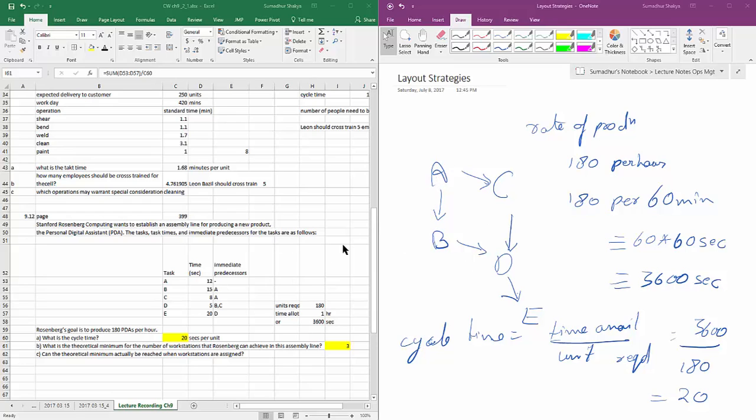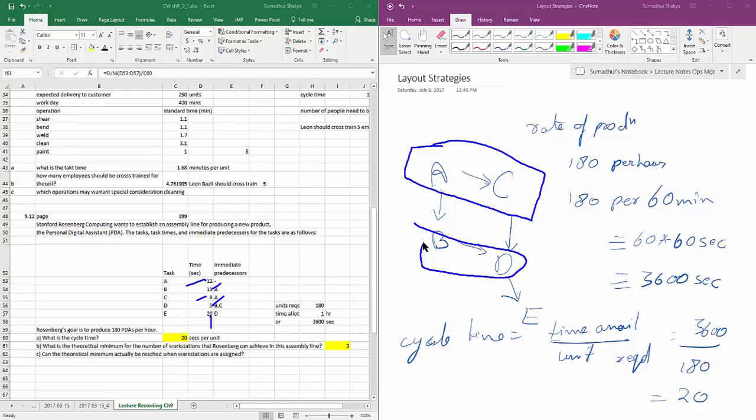So if cycle time has to be 20 seconds per unit, if you notice, 12 and 8 gives us 20, 15 and 5 gives us 20, and this alone gives us 20, which means if A and C were to be put together in one single cell, B and D were to be put together in another cell, such that this works in a 20 second cycle, and E would work in a 20 second cycle.